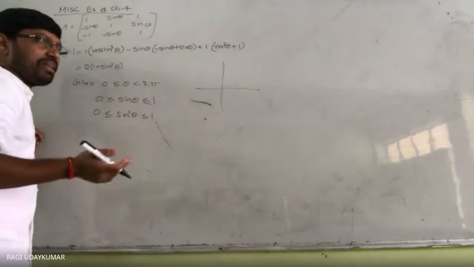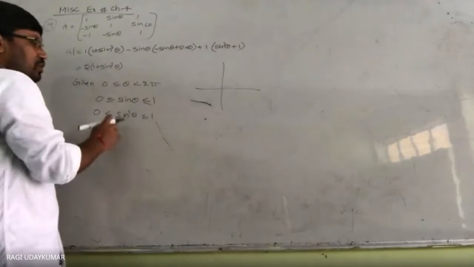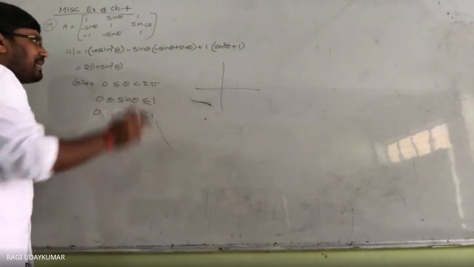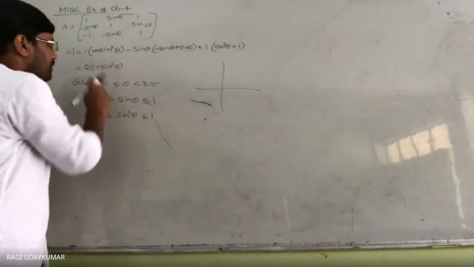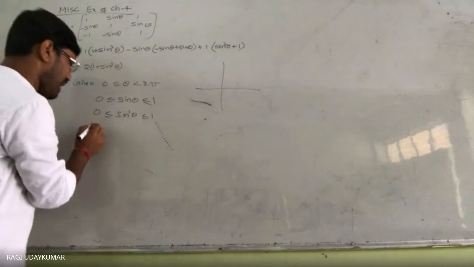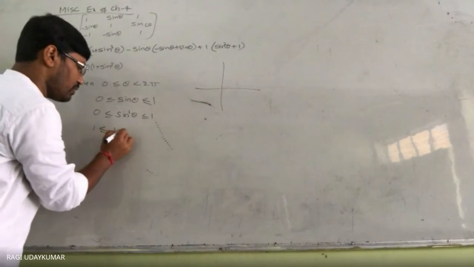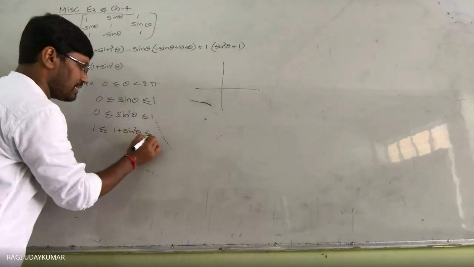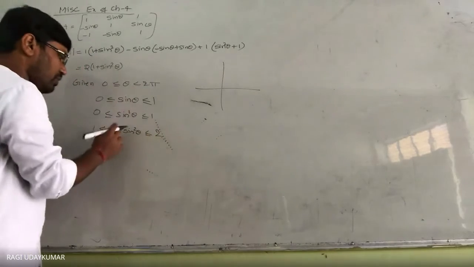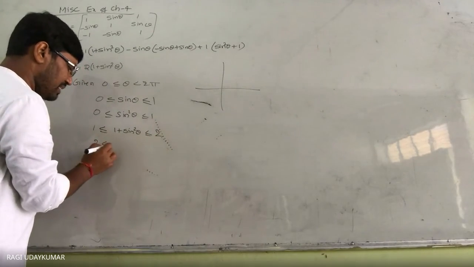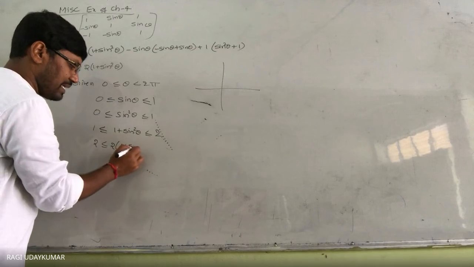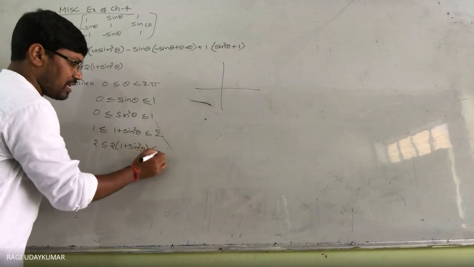In inverse trigonometric functions and trigonometric equations also, you solve this type of problem, finding the range. So 1 plus sin square theta is there; 1 should be added here. 1 less than or equal to 1 plus sin square theta less than or equal to 2. Next 2 should be multiplied: 2 less than or equal to 2 into 1 plus sin square theta less than or equal to 4.